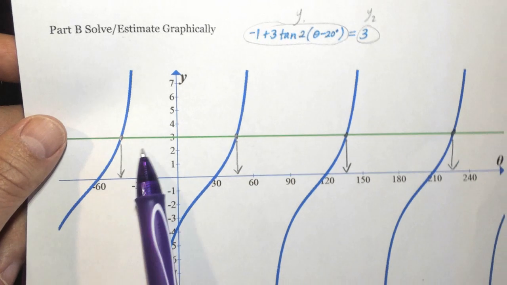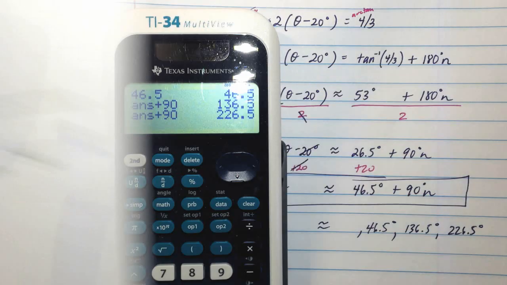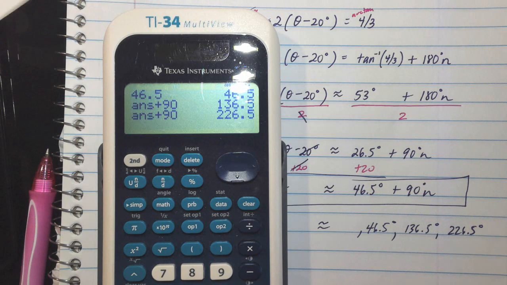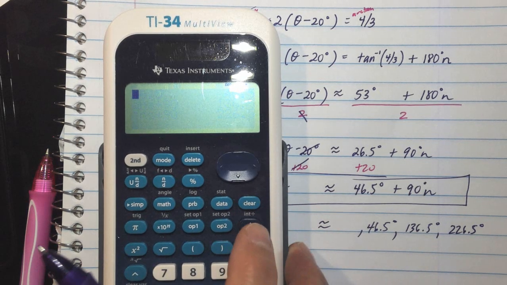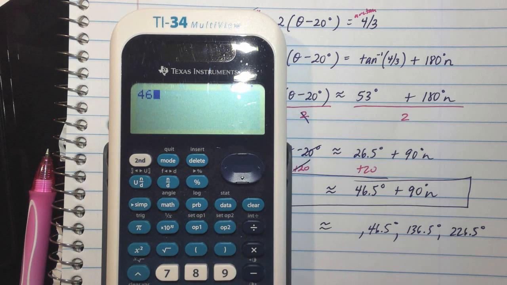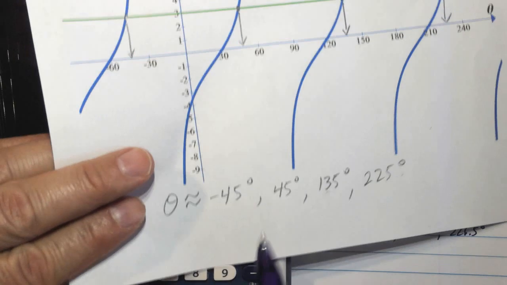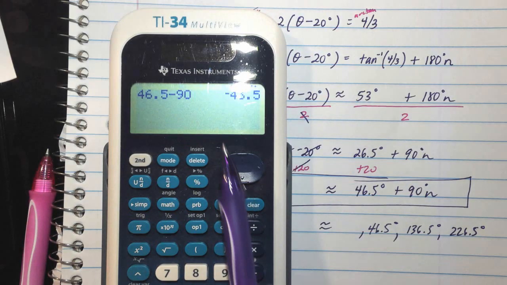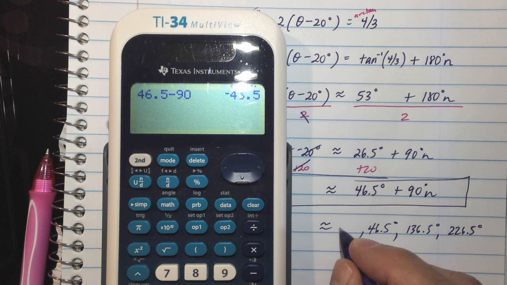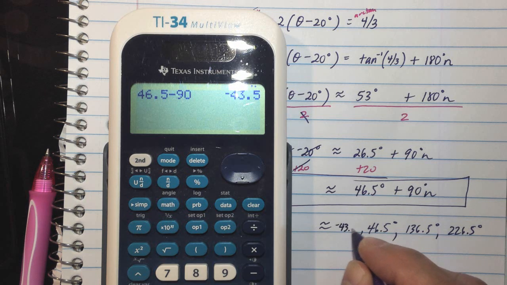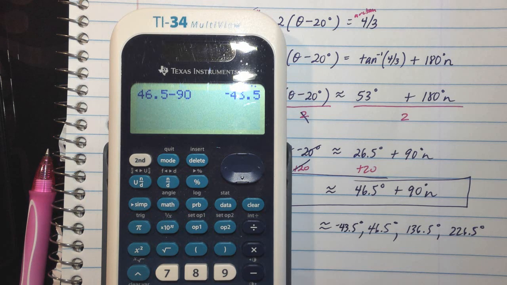I don't have that one on my paper, so I need to go backwards. See what I'm saying? That's why I should say plus minus, but it doesn't. Because I don't know what's wrong with them. Bam. Negative 43.5. What was my guess? Negative 45. Pretty close. So your eyeball estimates should be close.